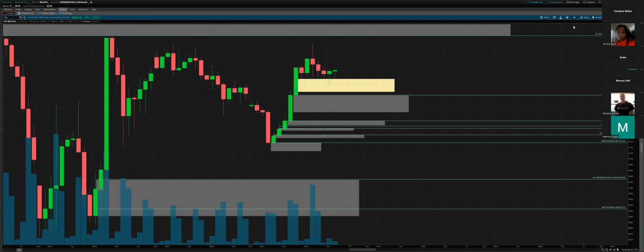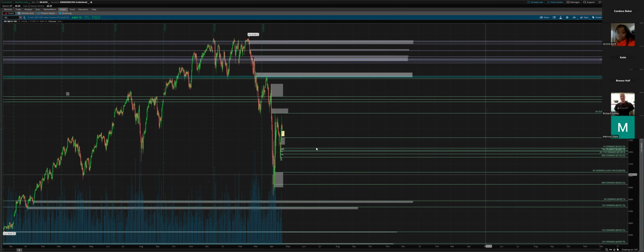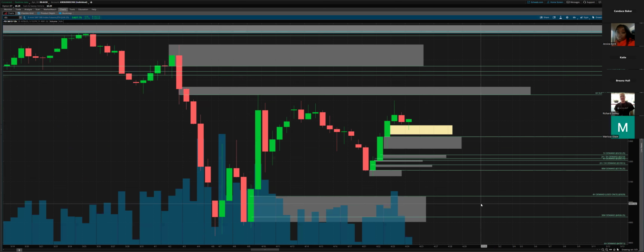Okay, so let's go to the 12 hour. We removed what we had from yesterday. These little areas right here, I was talking about as stair step demands: as we had this push up, it left behind a whole bunch of little areas where the market went up, consolidated, pushed up. But we had a larger one sitting here at the 3 hour.